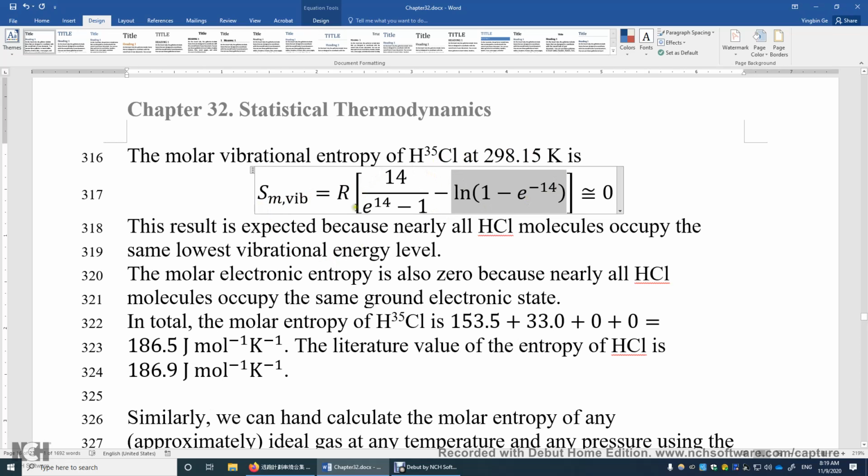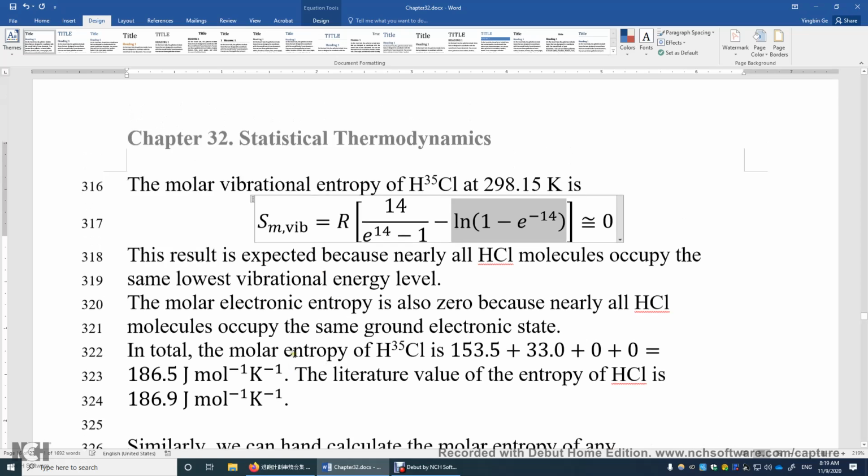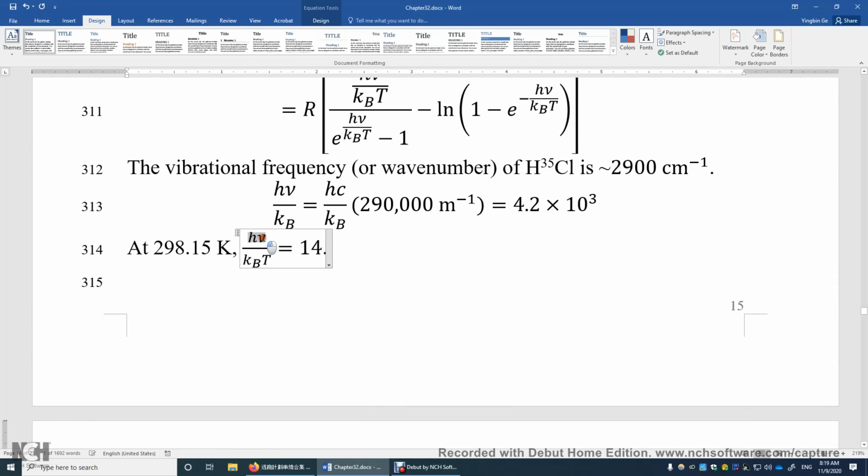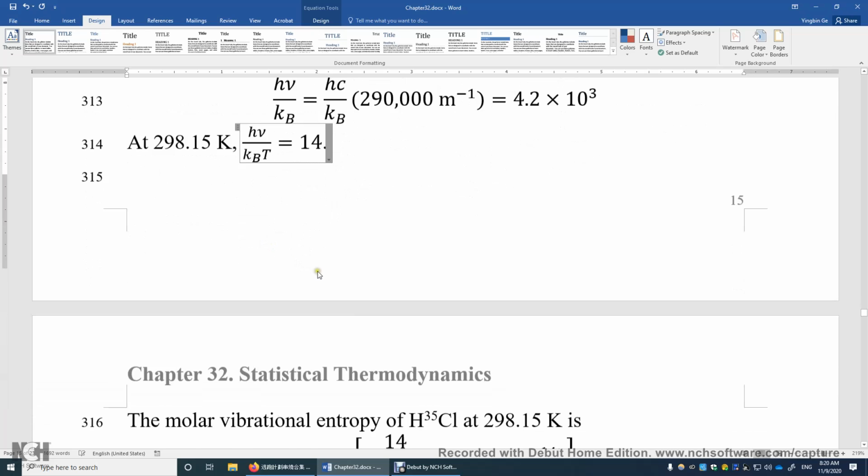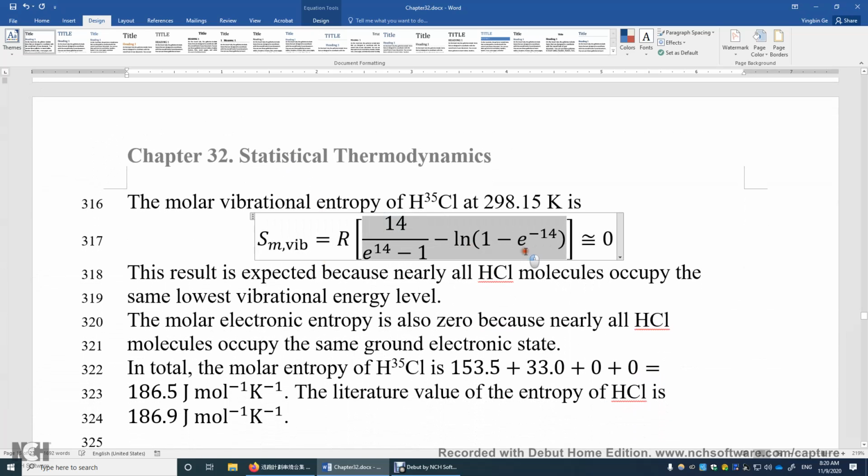So when do we observe molar vibrational entropy? When you have vibrational modes with very small wave numbers. So if h nu is close to kBT, the ratio is 1. And then you cannot neglect these two terms. It's going to be just 1 over e minus 1. I think that's roughly 0.4.